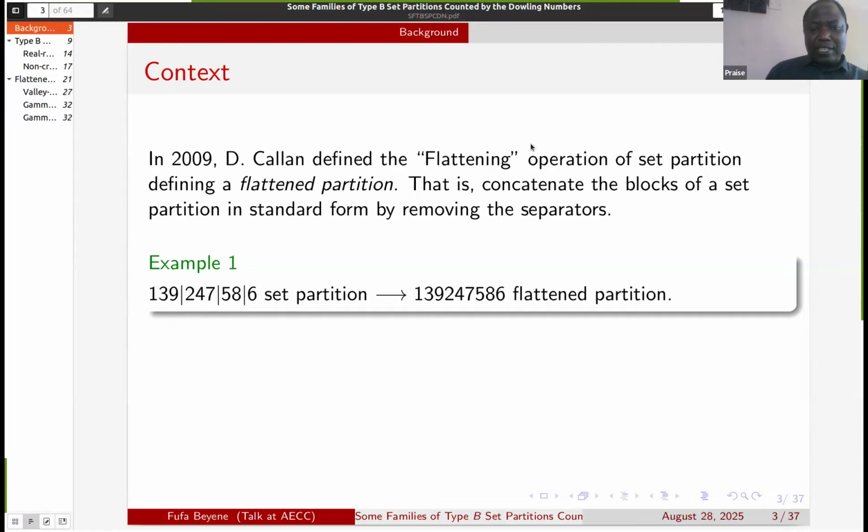And the second question is this. We know signed permutations are the elements of a hyperoctahedral group. In fact, we call it type B or type C for people who understand the root system, the Weyl group of the orthogonal group.